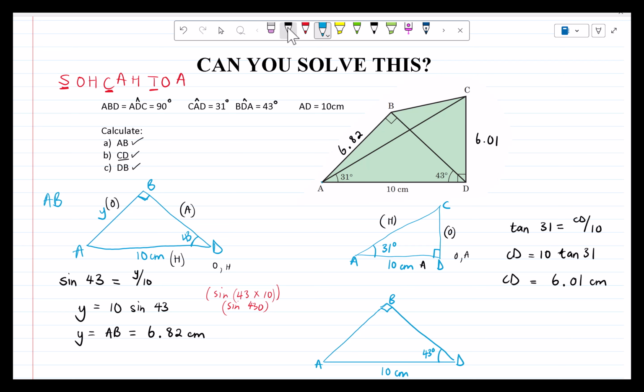And labeling our triangle, we are going to have the hypotenuse, we have the opposite, and we have the adjacent. And what you're looking for is DB, which is the same as BD, which is our adjacent. That is what we are looking at. So we have got the adjacent and we have got the hypotenuse. And looking at our abbreviations, we have A and H. Hence, we're going to make use of the cosine.